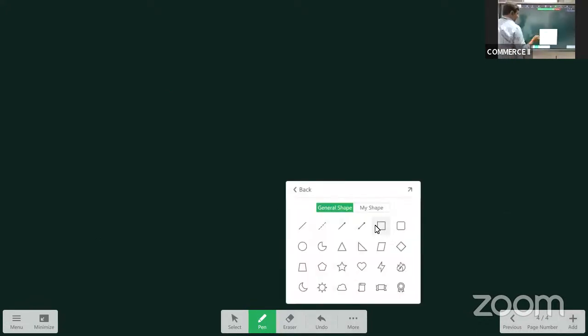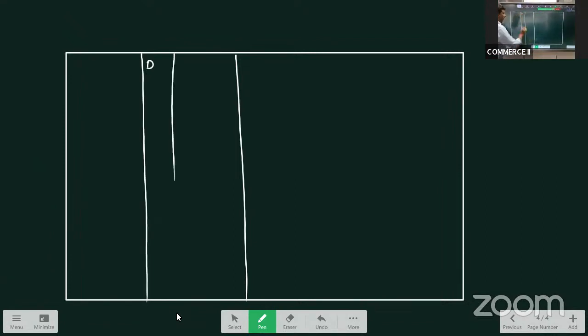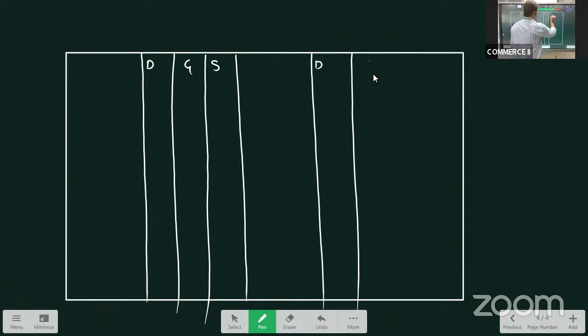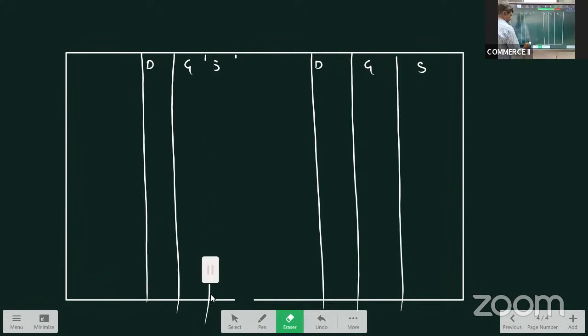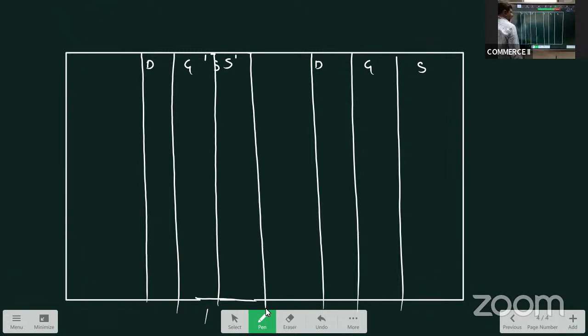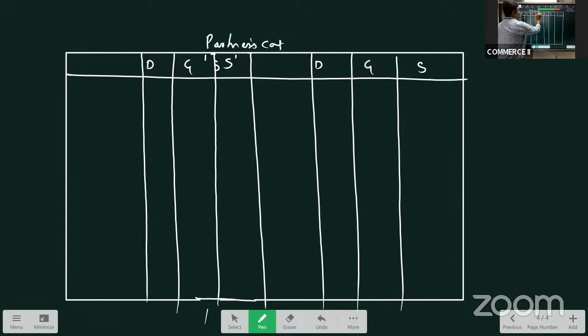Now let us take partners capital account. Let us prepare partners capital account: Dravid, Ganguly, Sachin on the debit side, and Dravid, Ganguly, Sachin on the credit side.